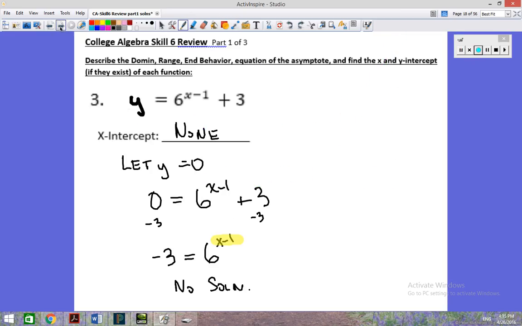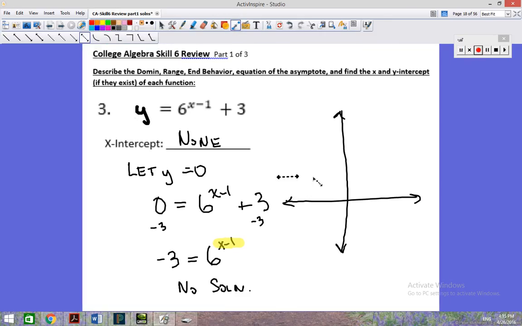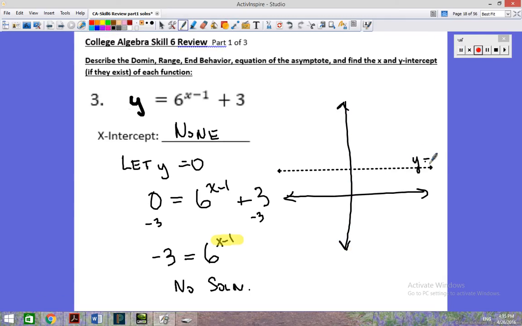If I make a quick sketch, I have my y-axis, I have my x-axis, I have a horizontal asymptote at y equals 3, and my graph, since this base 6 is bigger than 1, is an increasing function, and you can see this graph is entirely above the line y equals 3.